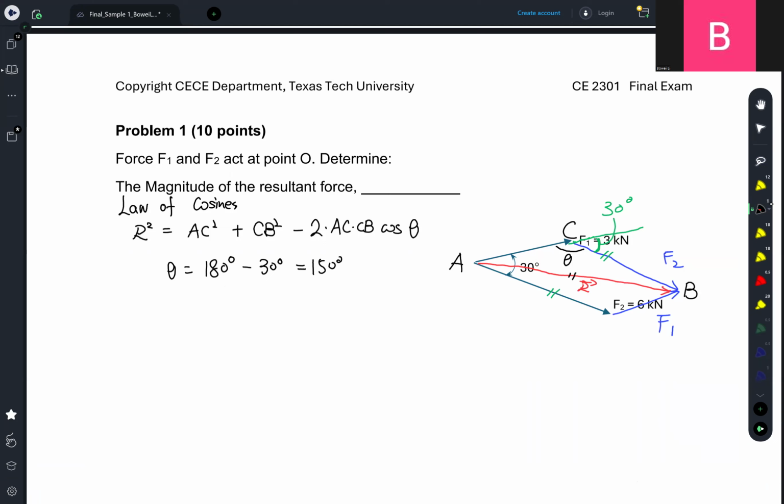Okay, so now you can plug in everything and you're going to have R equals what?